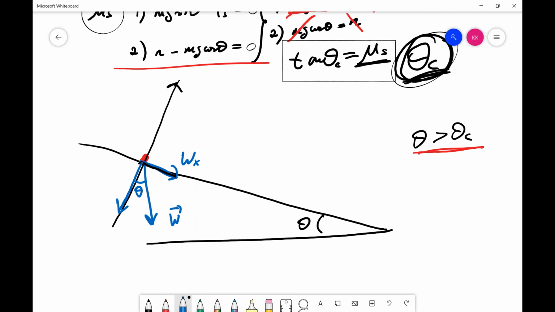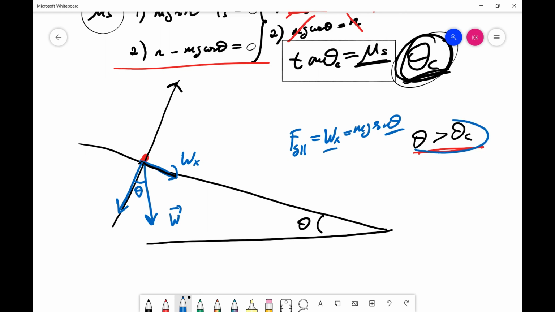And this is something we saw in the previous lab, Lab 5, remember? The parallel component of gravity, which is the x component, equals mg sine theta. Didn't we see in Lab 5 that as you increase theta, the x component also increases?